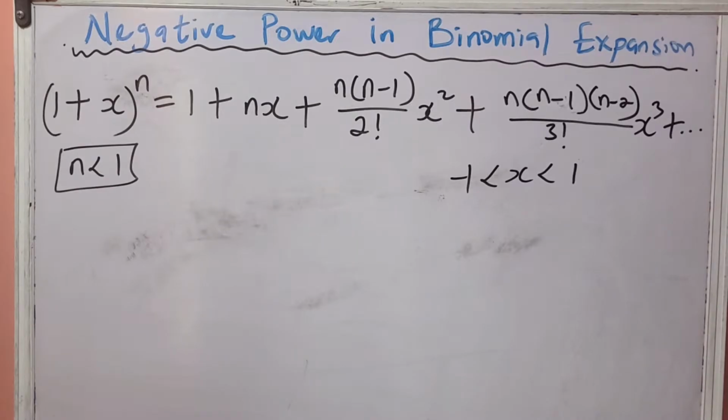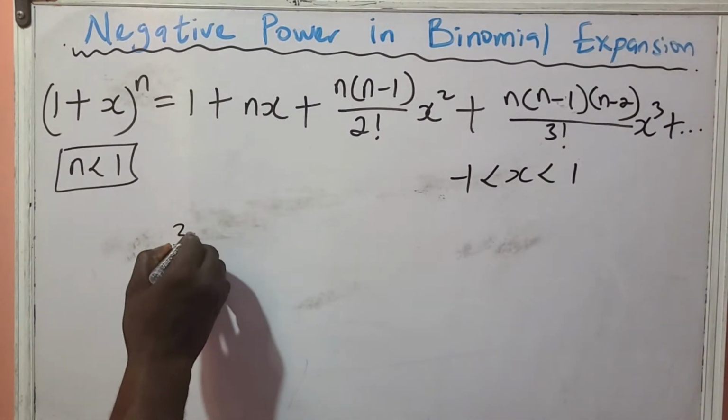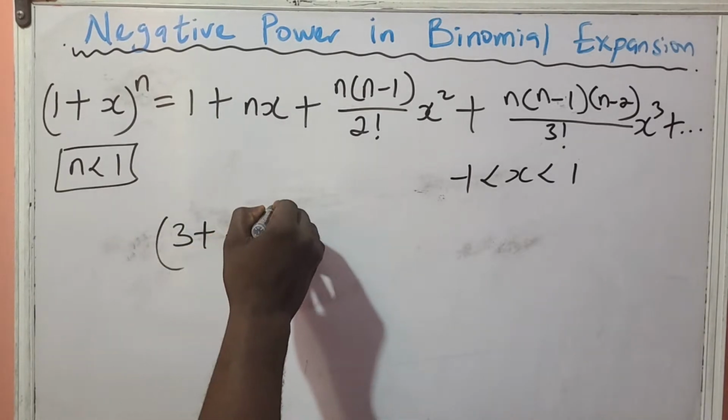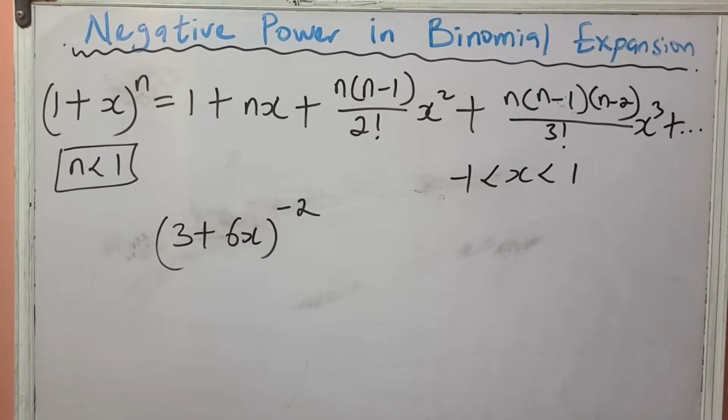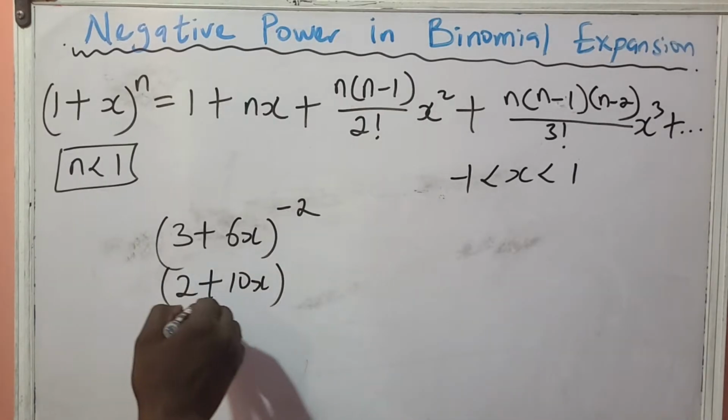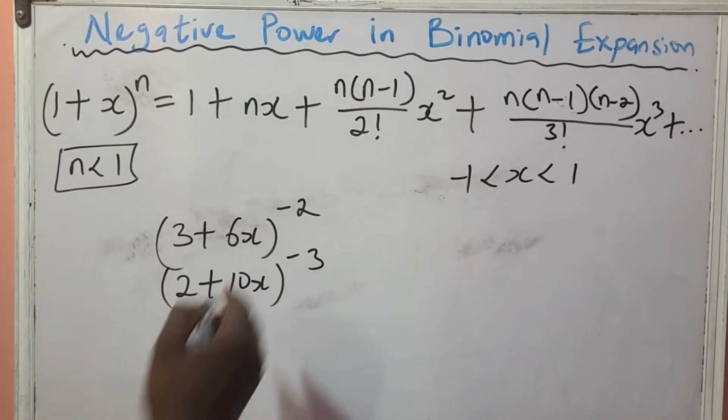Now, if n is a negative number, obviously, you know that we can have different possible values for n. For instance, we have (3 + 6x) raised to the power of minus 2. In this case, we see that n is equal to minus 2. We could also have (2 + 10x) raised to the power of minus 3.